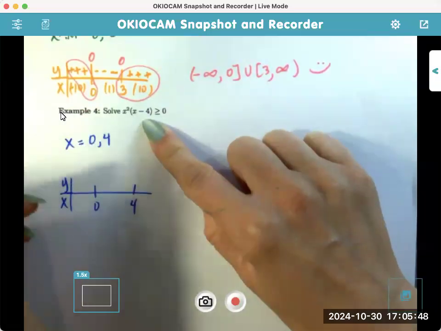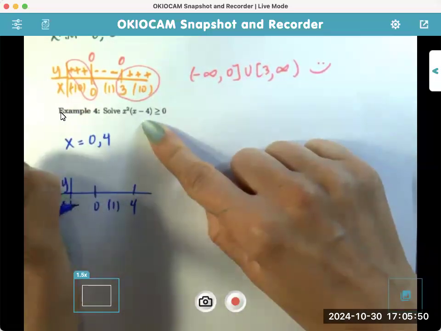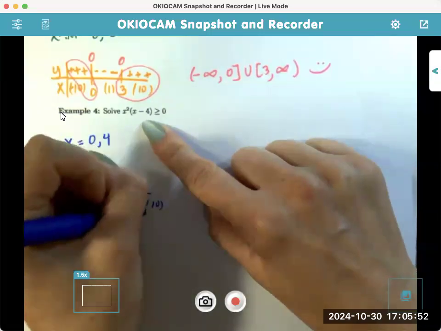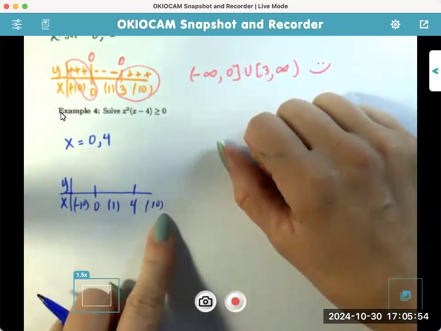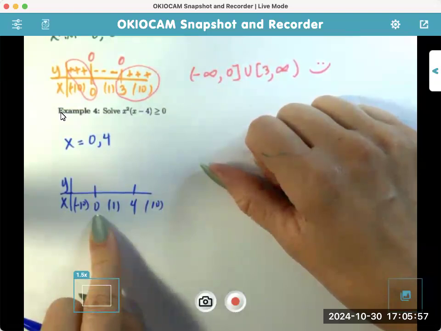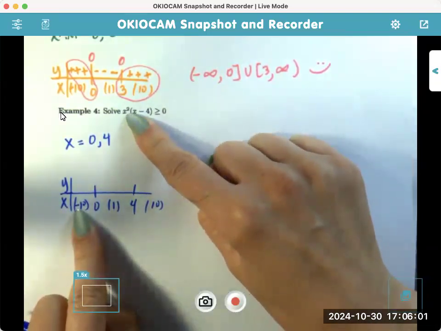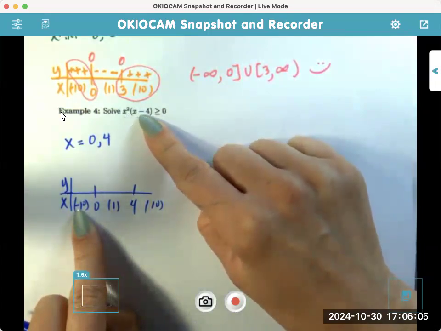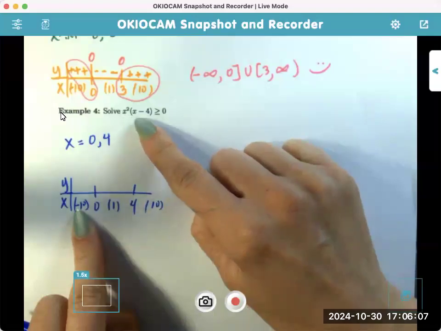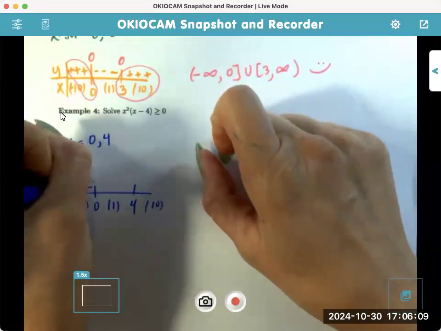So let's go with test values of 1, maybe -10, maybe +10. For -10, negative squared is positive, and that would be -14, so a positive times a negative is a negative.